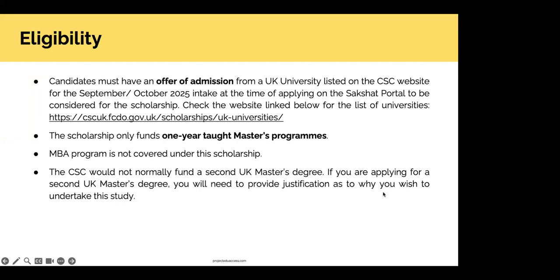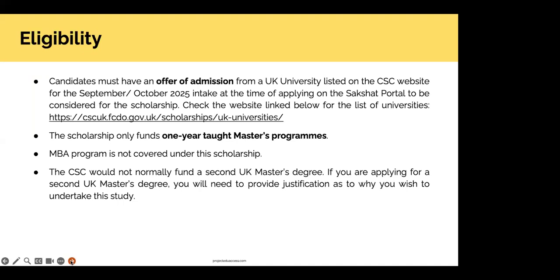The scholarship only funds 1 year master's programs. We've covered that, and MBA programs are not covered under this scholarship. The last very interesting and very important point is that the CSC would not normally fund a second UK master's degree, which is true. If you are applying for a second UK master's degree, you will need to provide justification as to why you wish to undertake the study. So this is very, very clearly stated on the CSC website.